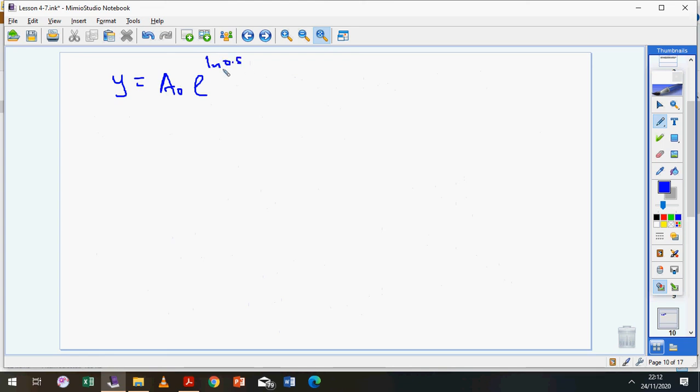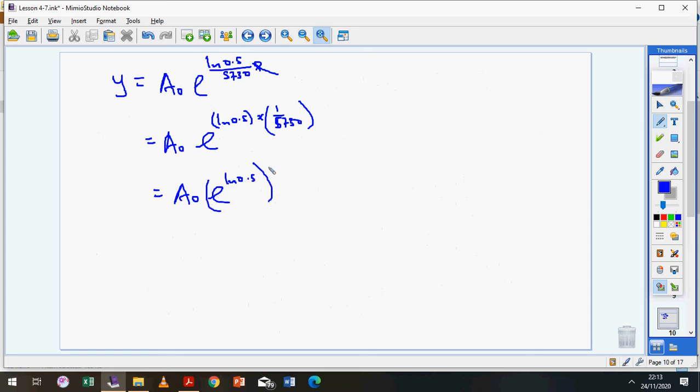I can split this up to be a naught e to the power natural log 0.5 times 1 out of 5730, because this will just go back to that, right? If I have it in that form, then I can split the power, and I say this is e to the power natural log 0.5 to the power of 1 out of 5730, right? Now I know that e to the power natural log are just inverse functions, so what I expect to get is just the 0.5.